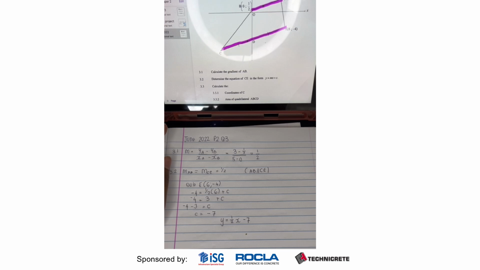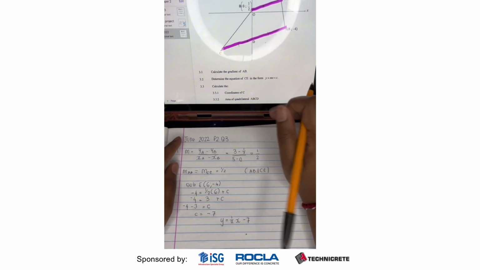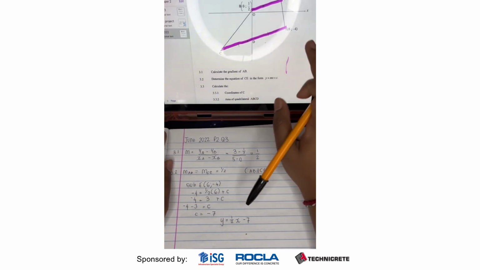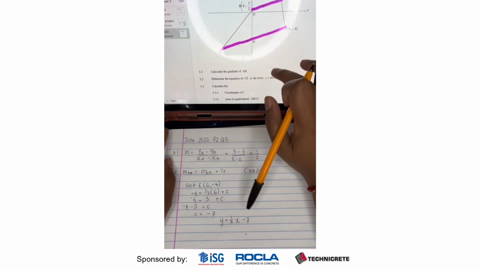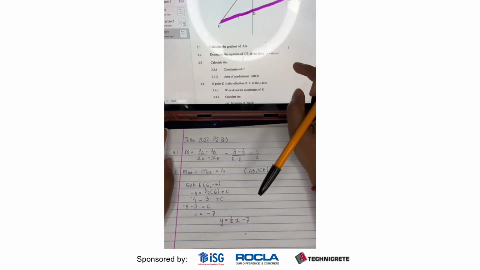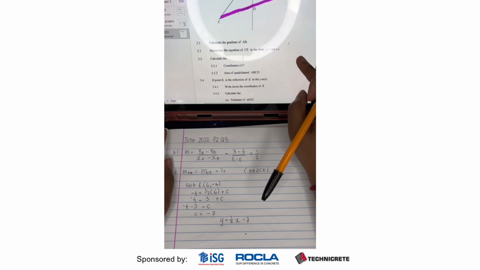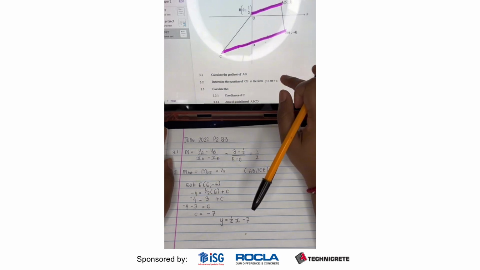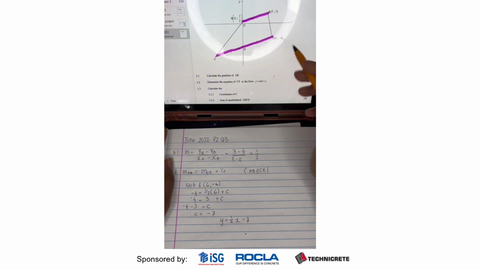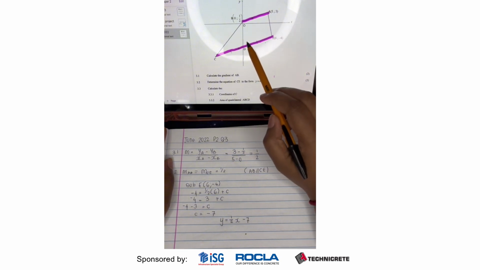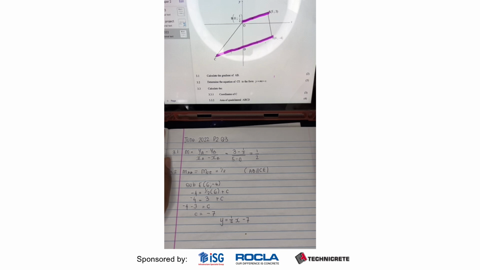Okay, our next question, 3.3.1, says calculate the coordinates of C. They want us to find the coordinates of C, which is also a fairly easy question because they have already told us that D is the midpoint, so we're going to use the midpoint theorem.